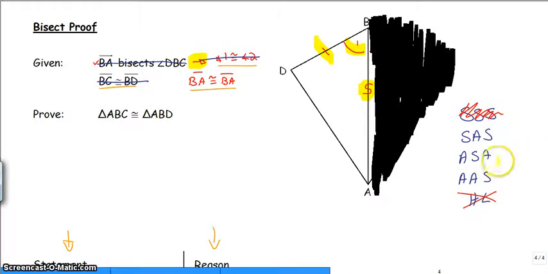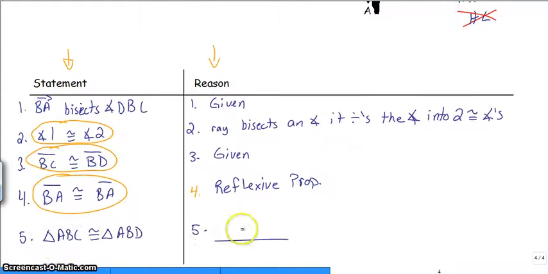The only method that uses two sides and an angle is side angle side. We just double check to make sure it's the angle that's included by my two sides, meaning the angle that's made up by the two sides. It is. So side angle side congruence is the reason the triangles are congruent.